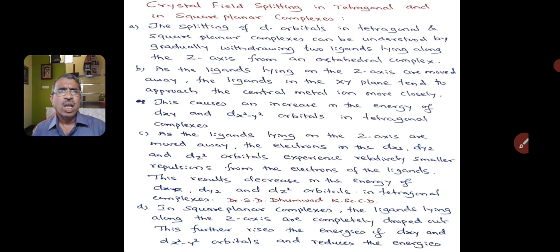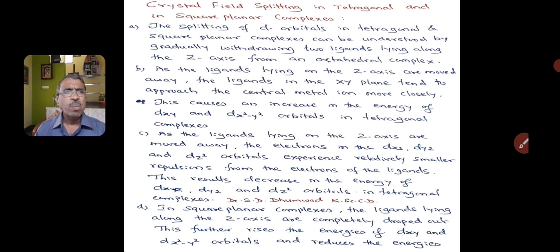As the ligands lying on the z axis are moved away, the electrons in the dxz, dyz and dz² orbitals experience relatively smaller repulsions from the electrons of the ligands. This results in a decrease in the energy of the dxz, dyz and dz² orbitals in tetragonal complexes.